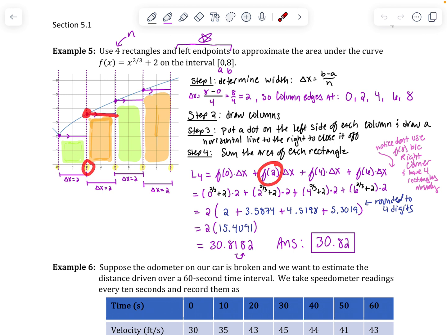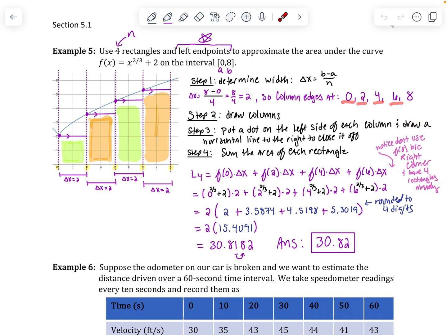Now my next rectangle started at f of 2. That determined the height, so I use x to the 2/3 with x equal to 2, plus 2. This gives a long decimal answer that I rounded to 4 digits. You should be instructed what to do for each problem. Again, I plugged 4 into the function and simplified, then plugged 6 into the function and simplified.